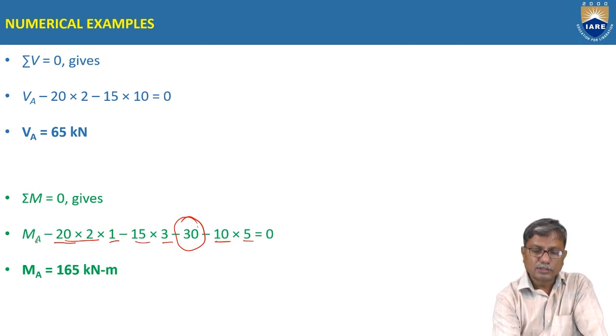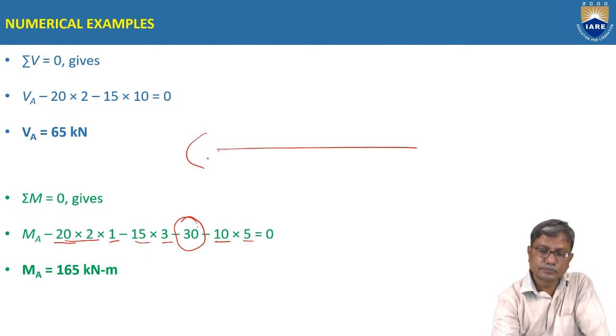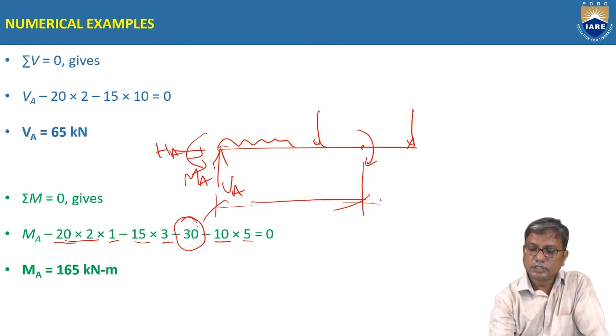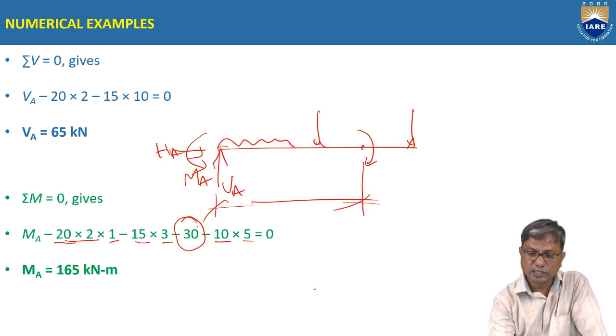Understand? Here MA is anti-clockwise, and we have two loads and a couple here, which is acting at some distance. The distance of this couple is immaterial.